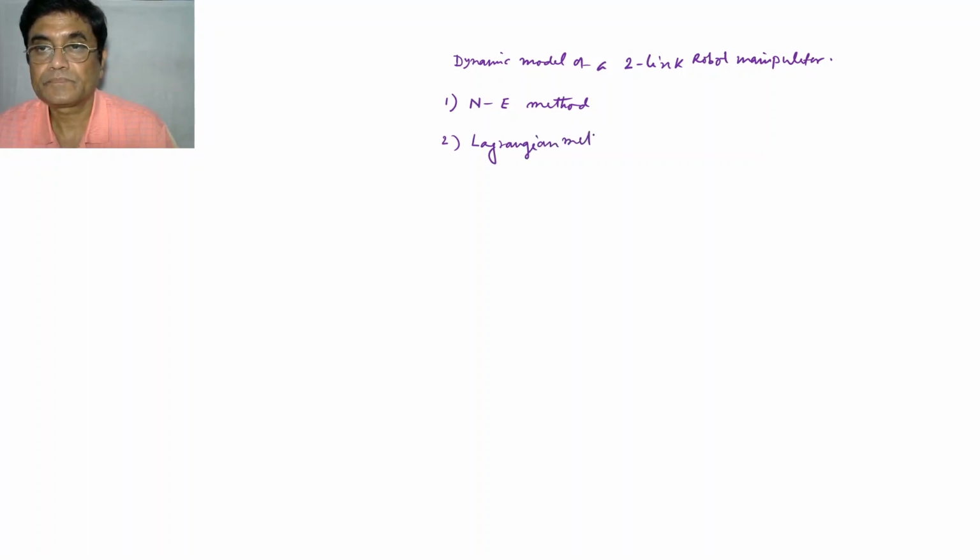Both methods are based on Newton's second law, but Newton's second law is confined to physics, to particle dynamics, and we are talking about a multi-body structure here. So Newton-Euler is based on Newton's law, and the Lagrangian method again follows Newton's law. These principles are derived, and either of these you can use.